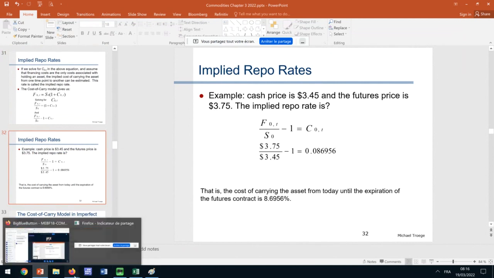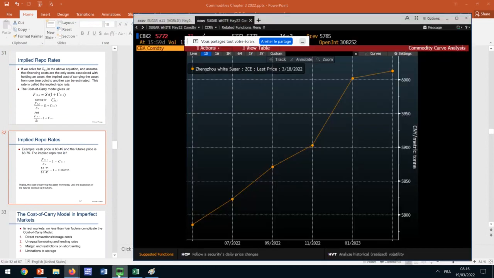An improvised, I have to warn you, an improvised real life example using Bloomberg. And again, the only commodity that's in contango that I was able to find was actually sugar in China. Actually, most Chinese commodities are still in contango.